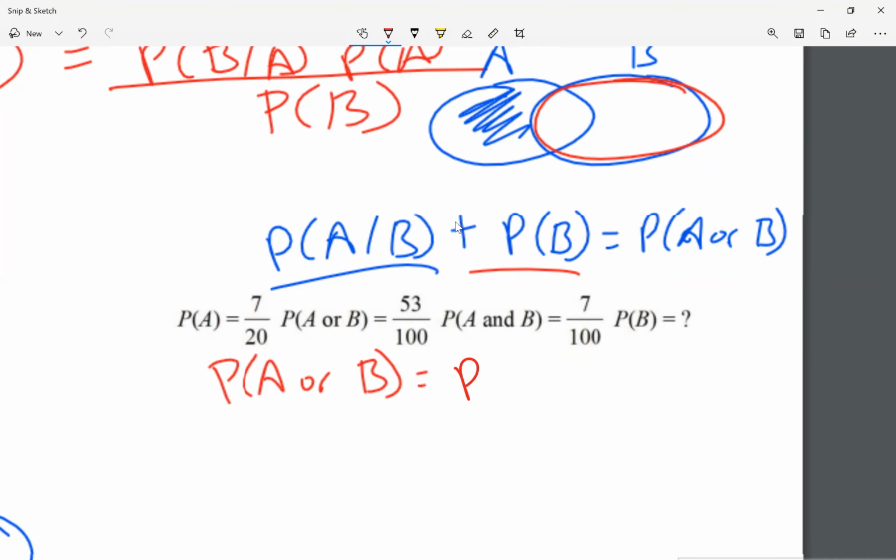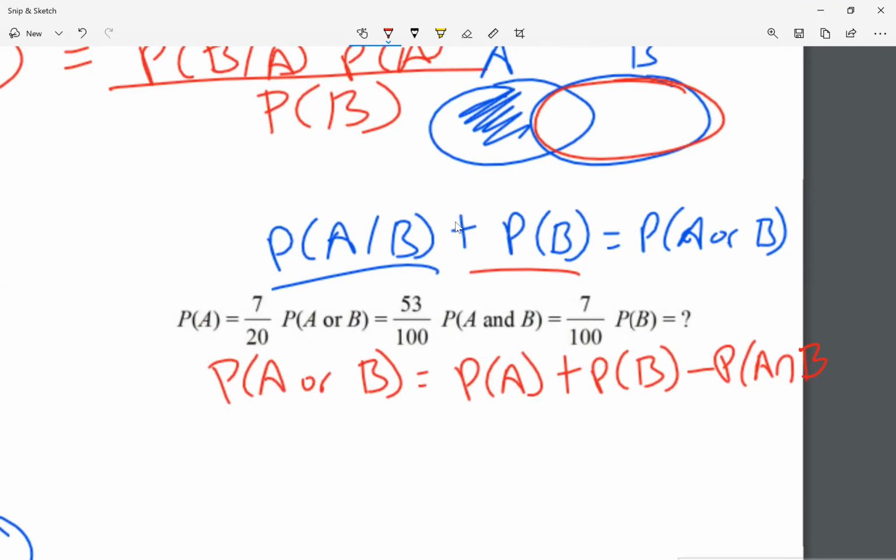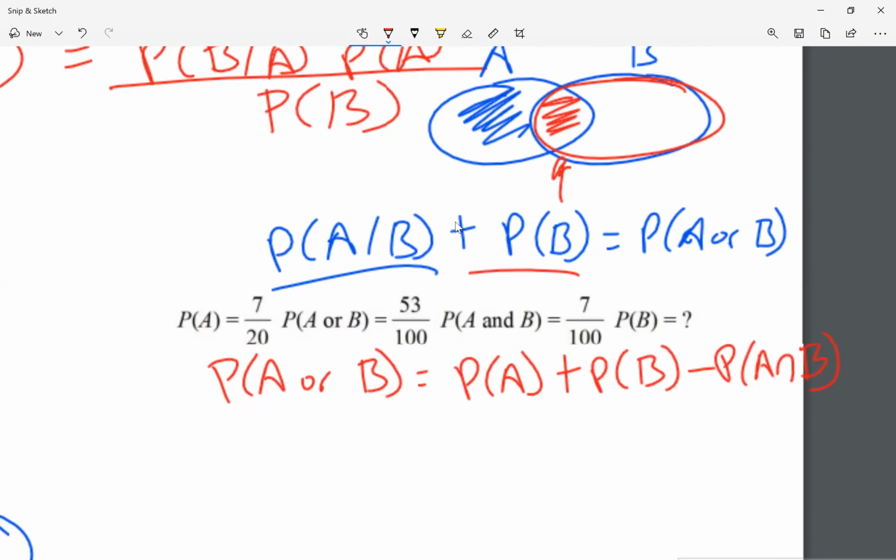It's going to be probability of A plus the probability of B minus probability of A intersection B. That's this space right here, right? Why do I have to subtract it? Because when I counted probability of A and probability of B, I basically counted that space twice. That's why I'm going to subtract it once.